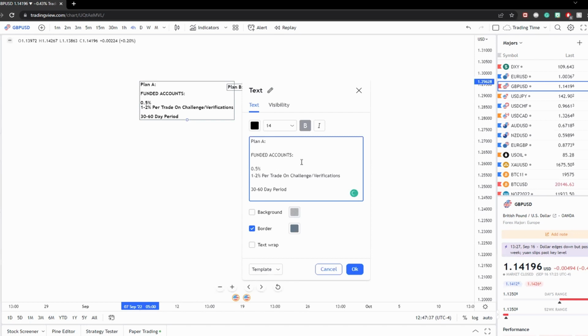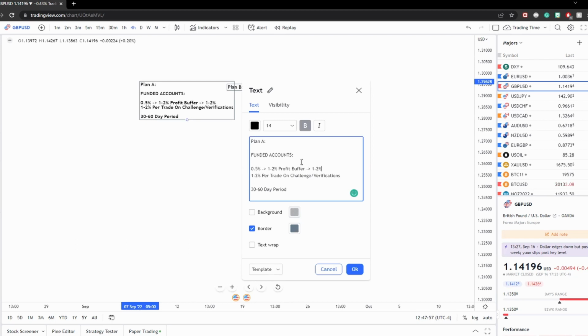So if you're uncomfortable risking 1 to 2% per trade on challenge verifications, you could just do 0.5% until you get to maybe a 1 to 2% profit buffer, and then up your risk to 1 to 2%.